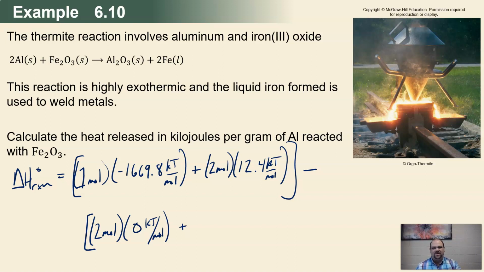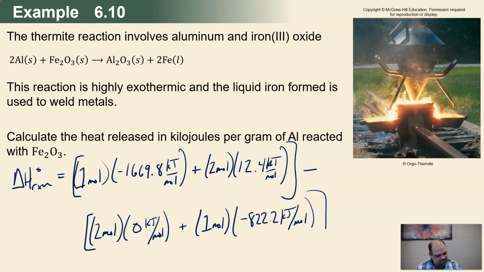I'm just going through it so that you see the process. And then we have 1 mole of iron(III) oxide, which wasn't on our table, but in the back of our textbook, that's negative 822.2 kilojoules per mole. Okay? And so we do products minus reactants.